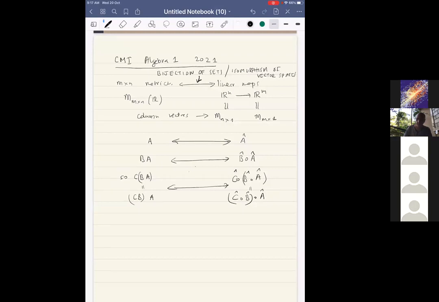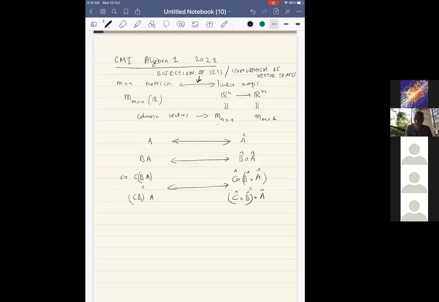So these are both spaces of column vectors. On the left, you have column vectors of length n, and on the right, you have column vectors of length m. And the correspondence is between m cross n matrices and linear maps between column vectors of length n and column vectors of length m.